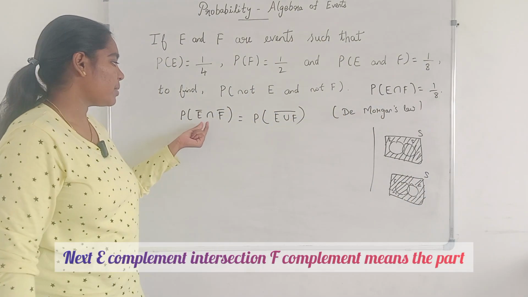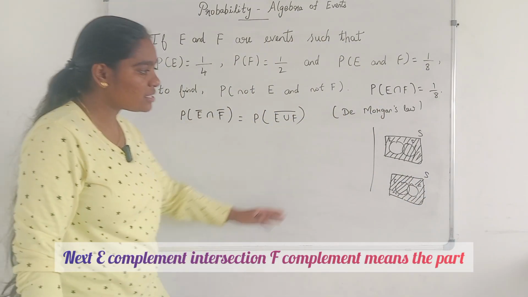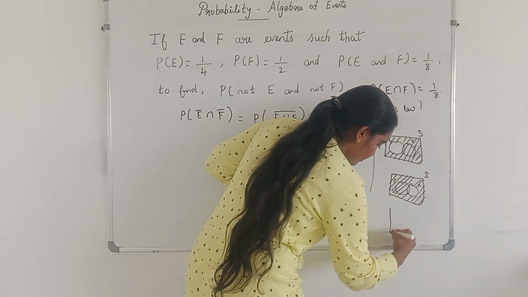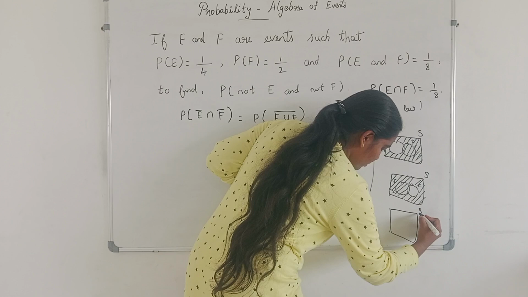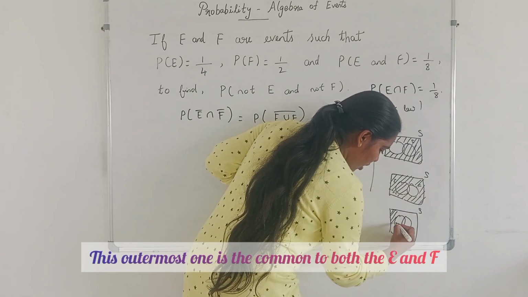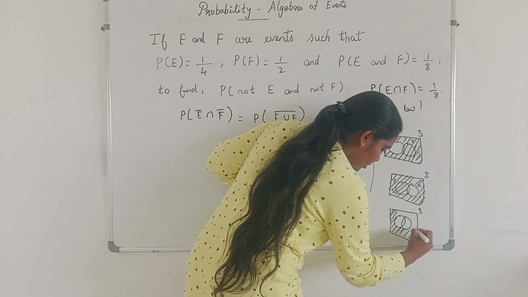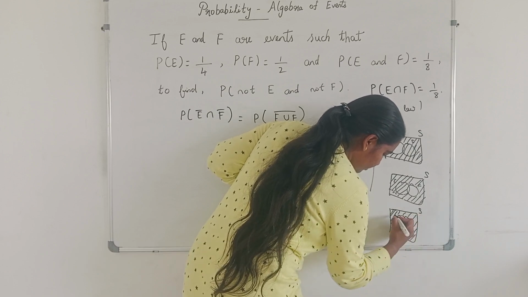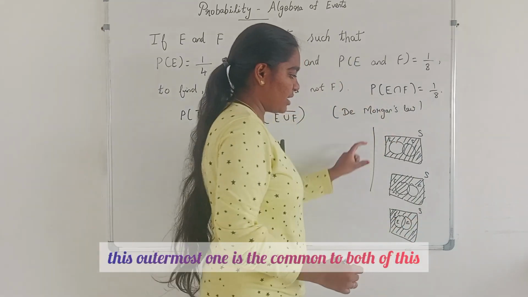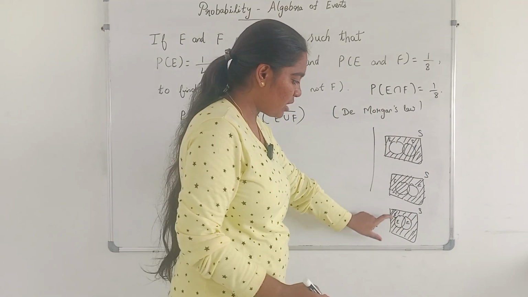Next, E complement intersection F complement means the part which is common to both of these. This is E, this is F. This outermost one is common to both of these. Am I right?